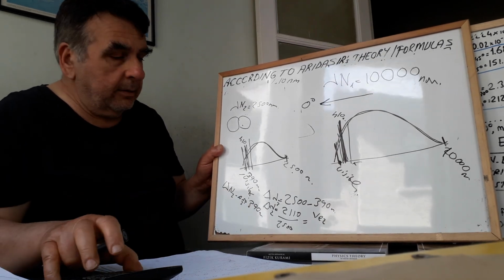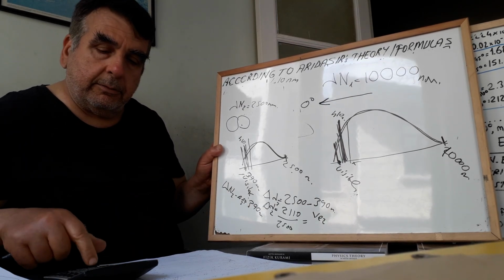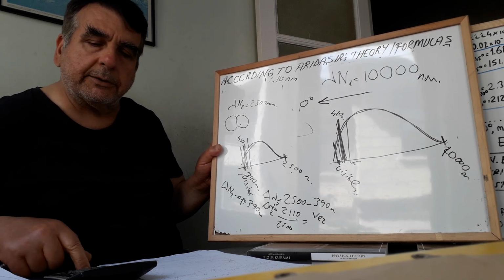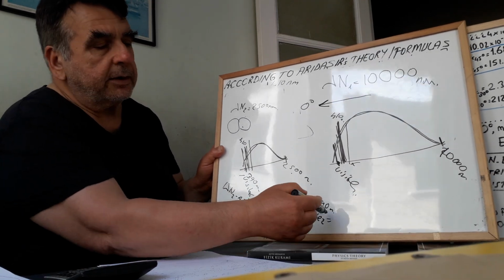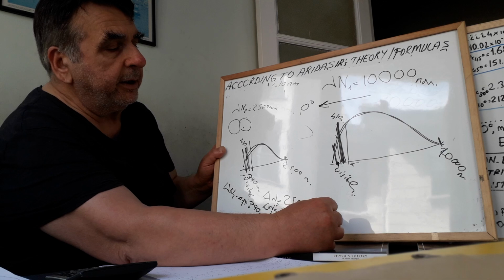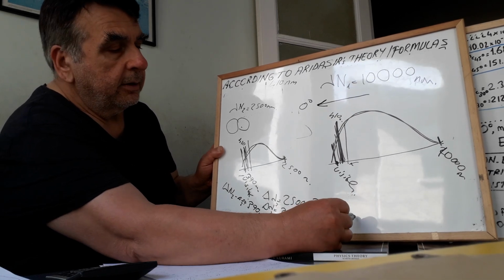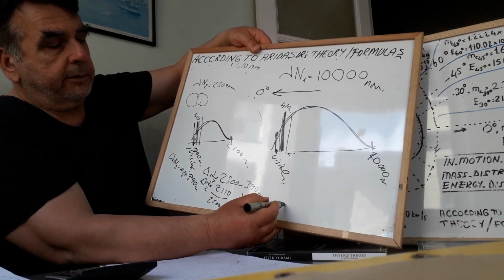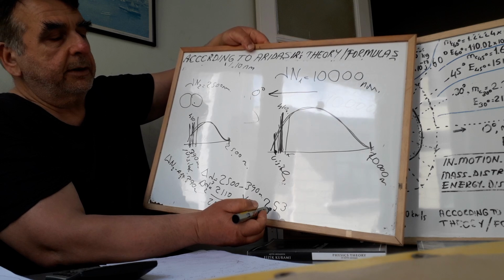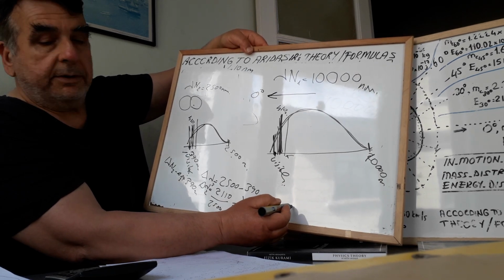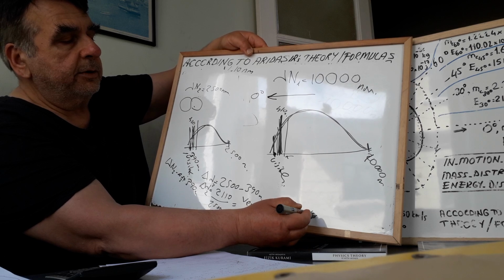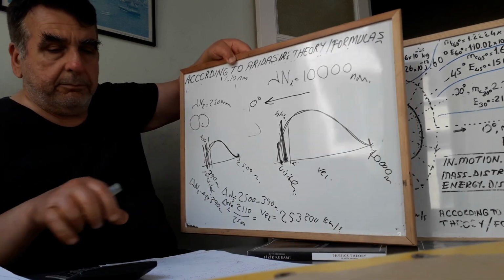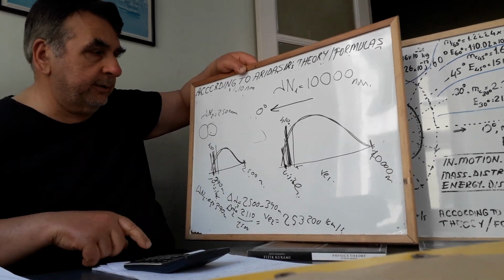Then divided by, yes, multiplied by 300,000, yes, its electron motion form's velocity will be 253,200 kilometer per second. What was its velocity? Remember, wait a moment.